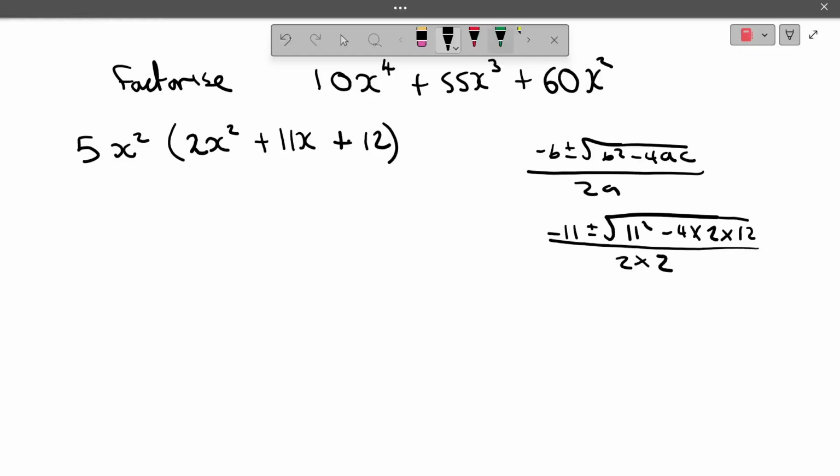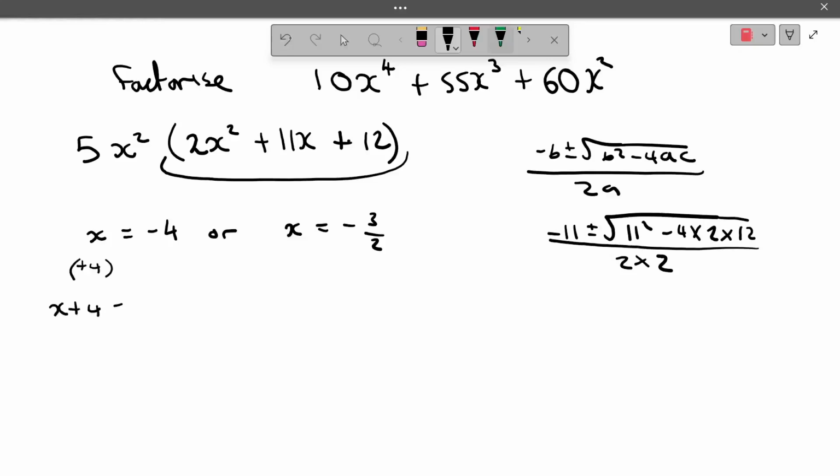I'll double check which ones I was doing there. So we're only really caring about this bit here. And what we get is x equals minus 4, or x equals minus 3 over 2. Then we end up putting the minus 4 on the other side, so plus 4. So x plus 4 equals 0. Boom, that's our first thing.